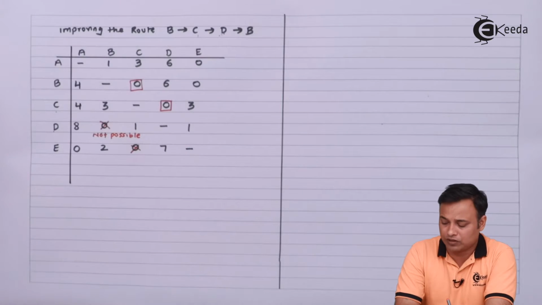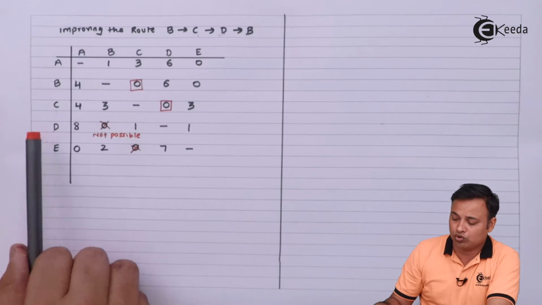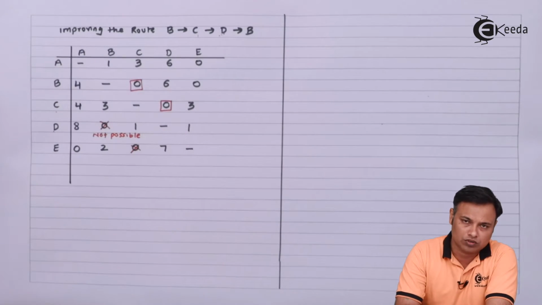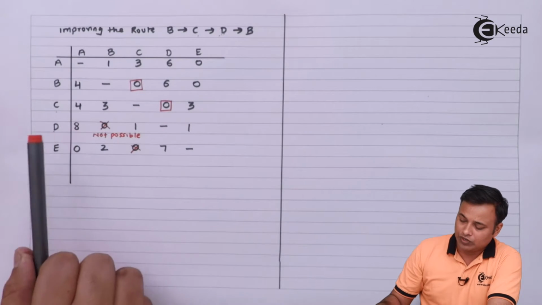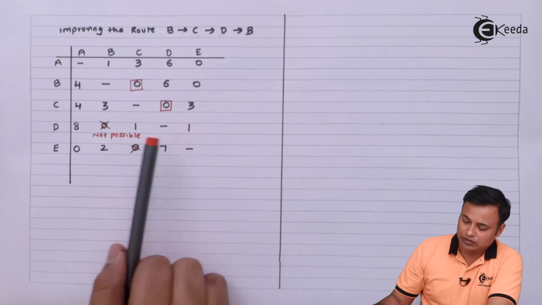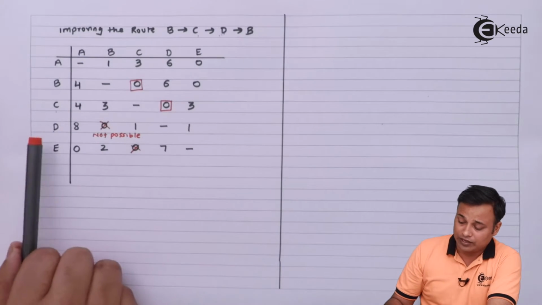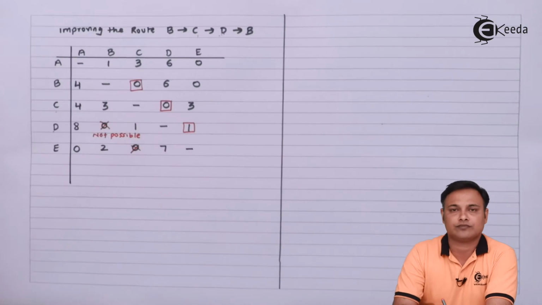So what can I go for then? I can go for D to A or D to E, either of the two. अब मैं D to A जाऊंगा तो 8 रुपए है, D to E जाऊंगा तो 1 rupee है, which is the cheaper one. दोनों में से सस्ता कौन सा है? D to E. तो I'll go for E.